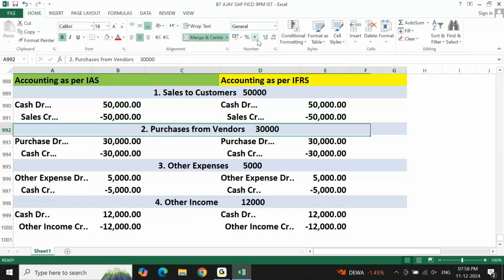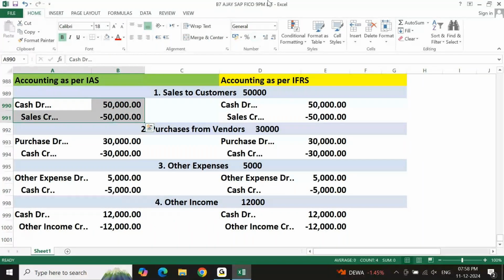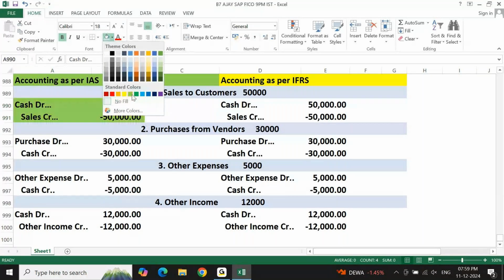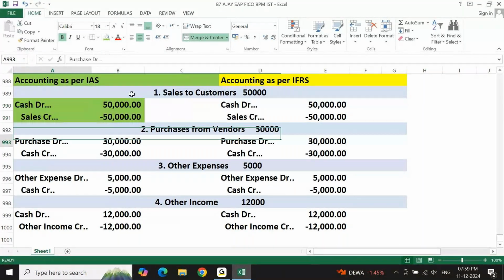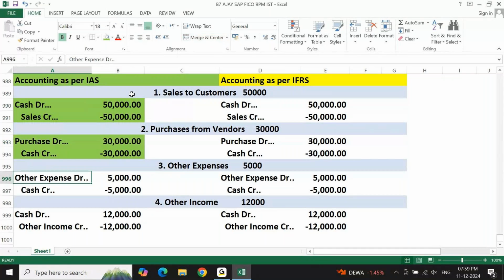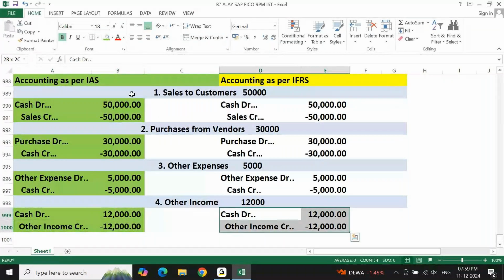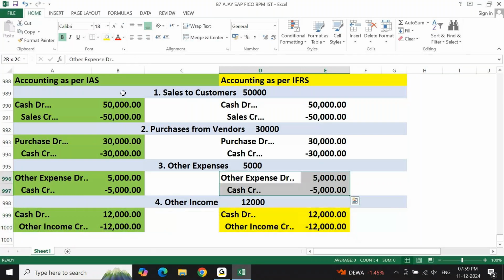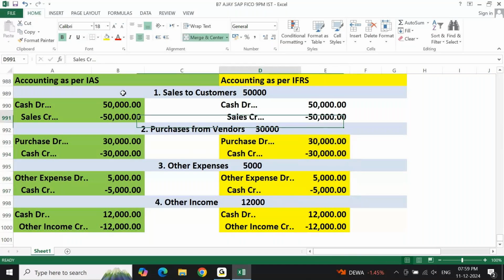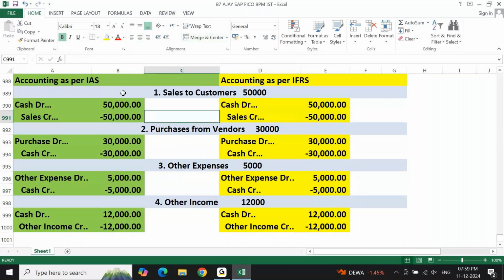Now, if I highlight specifically the accounting entries in this color only, second one, third one, and then fourth accounting entry, these accounting entries are yellow because these are representing IFRS, right? Now we are in a position to easily look at what accounting entry is posted according to Indian accounting, and what accounting entry is posted according to IFRS.